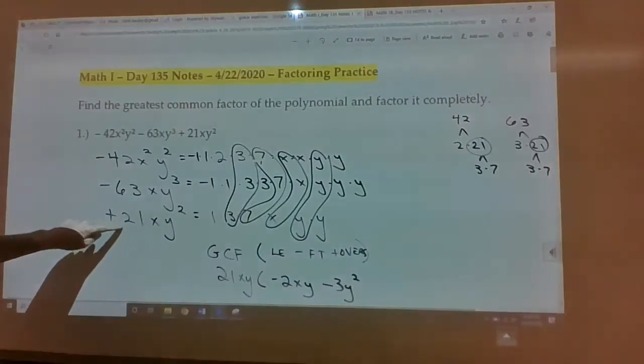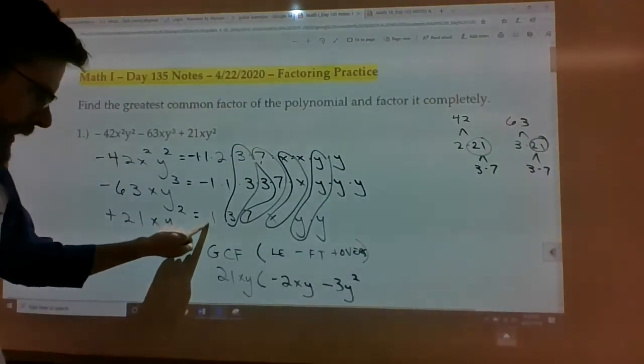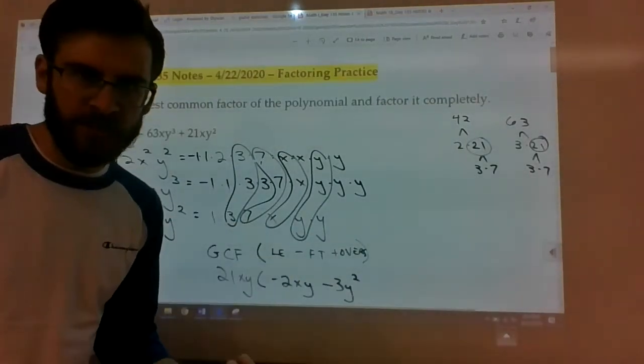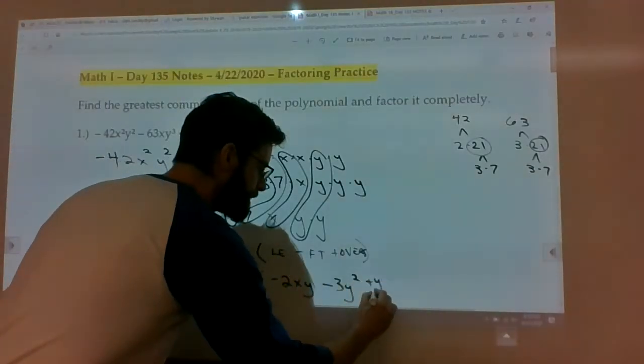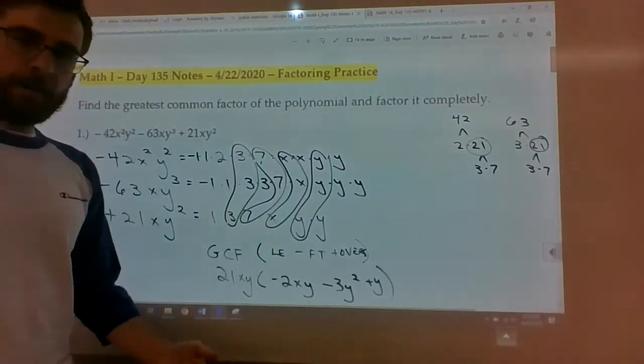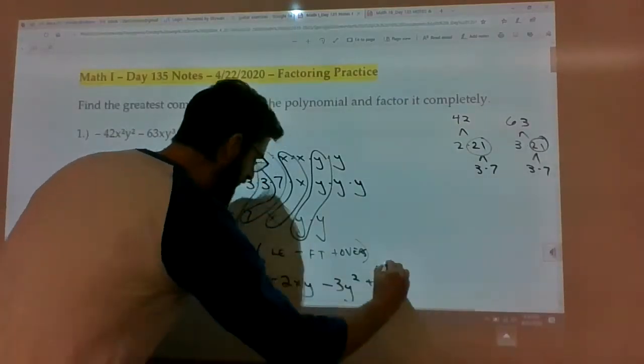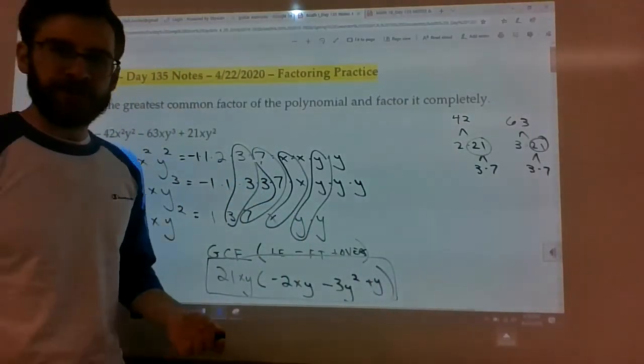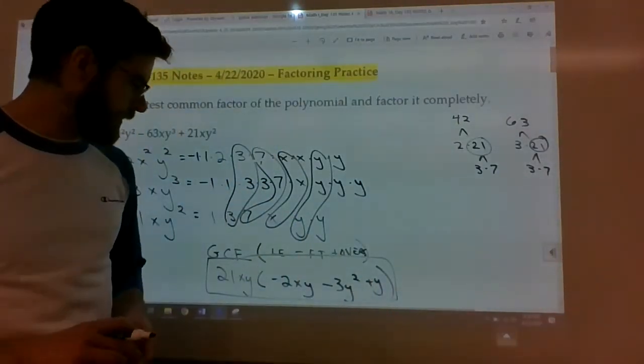And then our last one is plus 1y, or just plus y. All right, so that's how you successfully factor a 3-term polynomial so far.